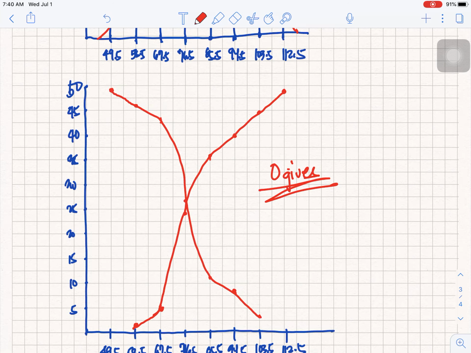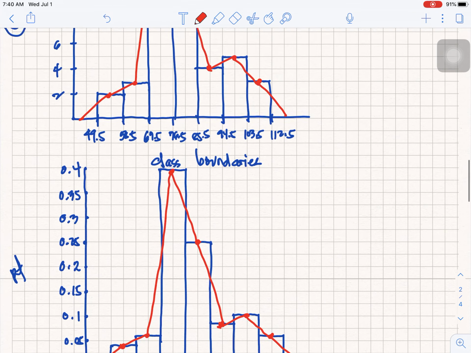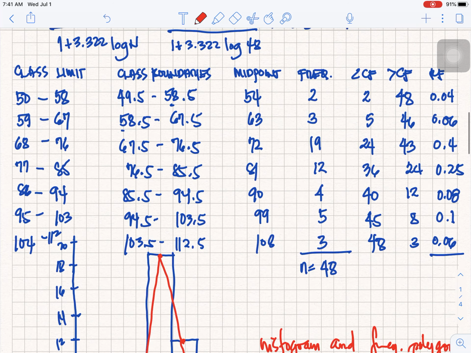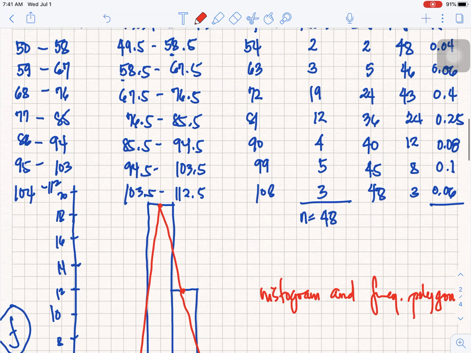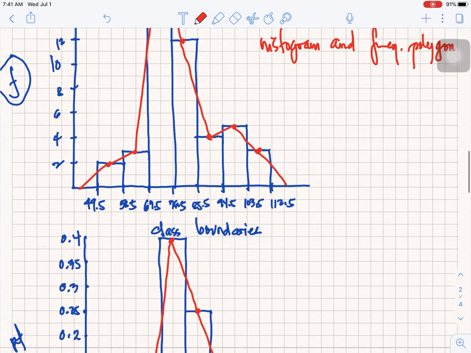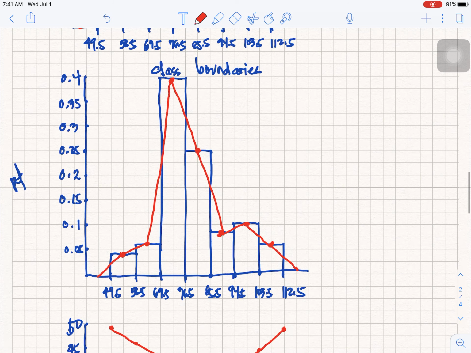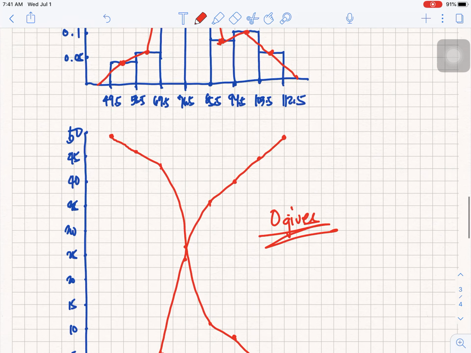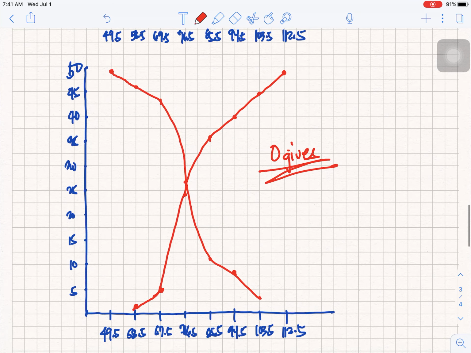So we have here our frequency table. Then this is our histogram and frequency polygon. Then this is our relative frequency polygon. And of course, our ogives.